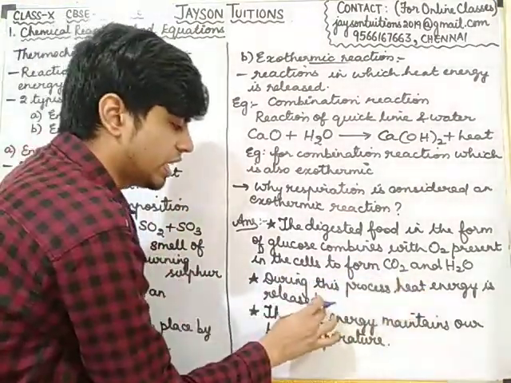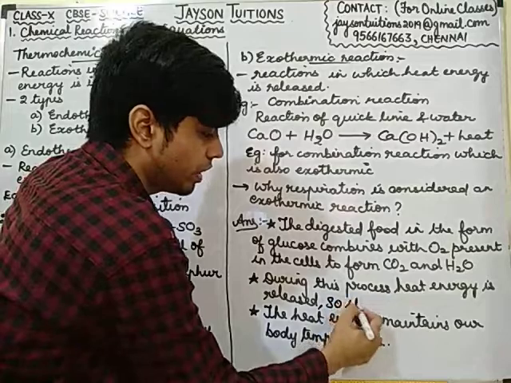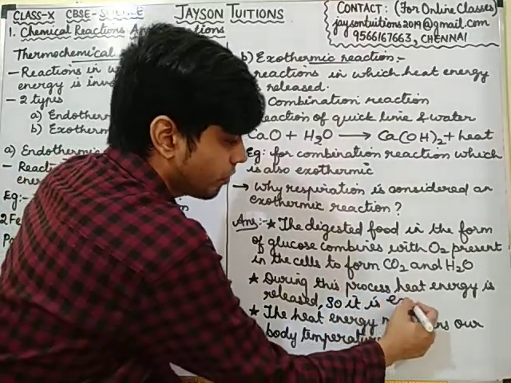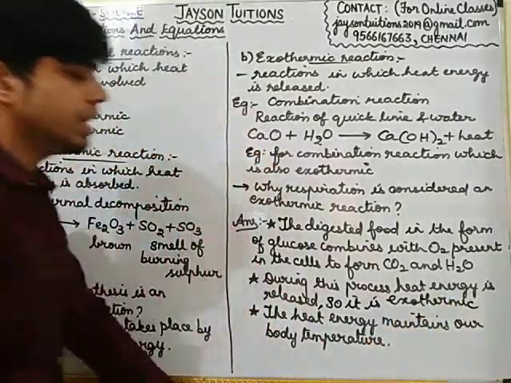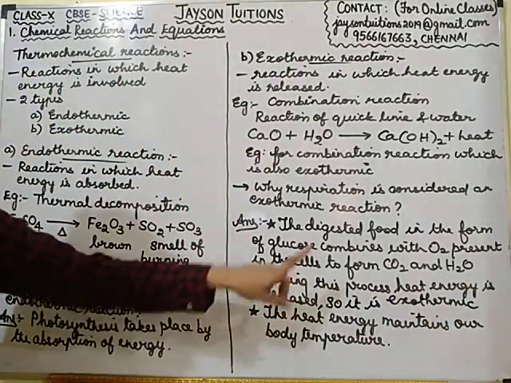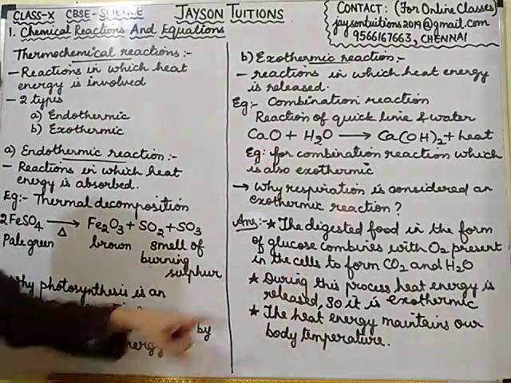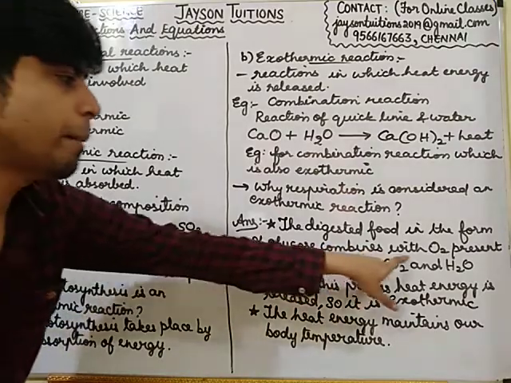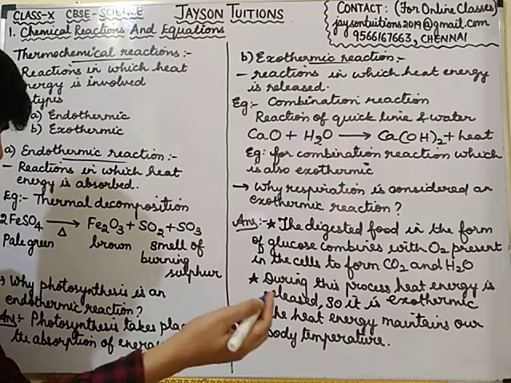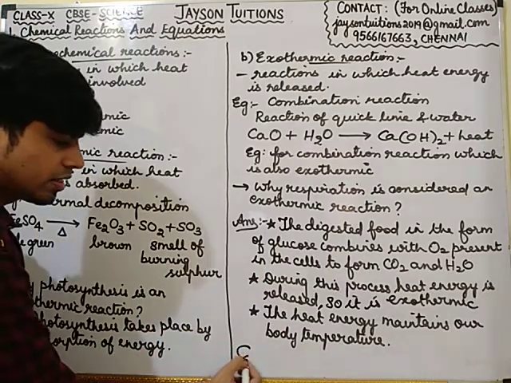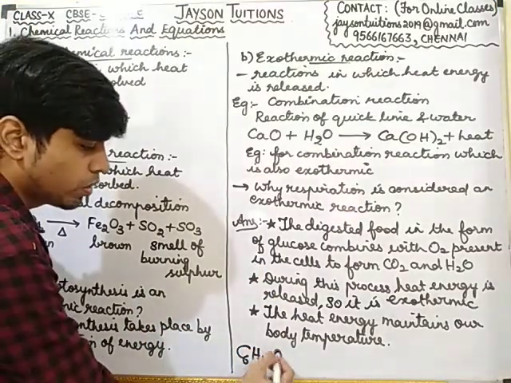During this process, heat energy is released, so it is exothermic. So we have to write the equation for respiration. Glucose is combining with oxygen. The formula for glucose is C6H12O6.